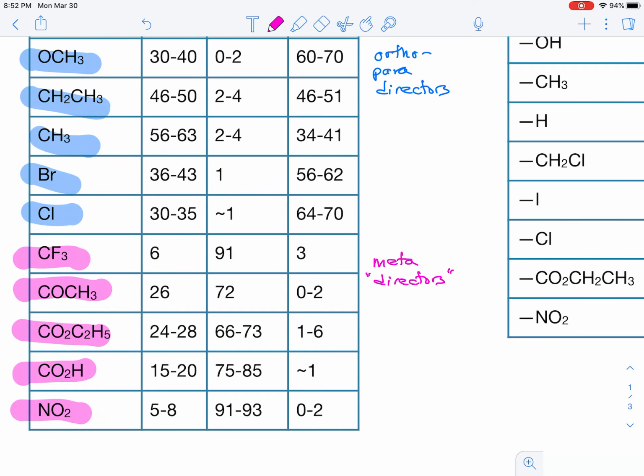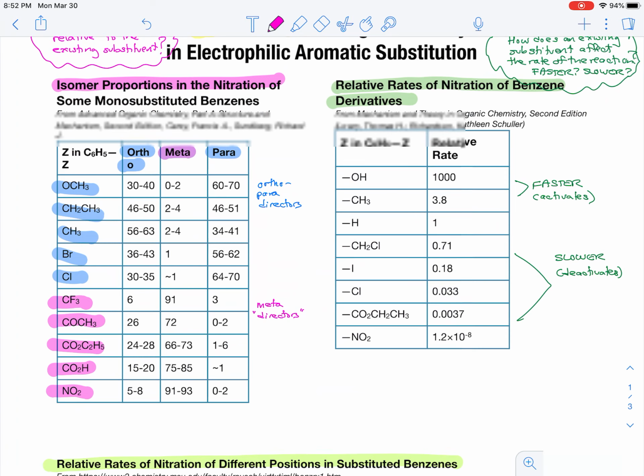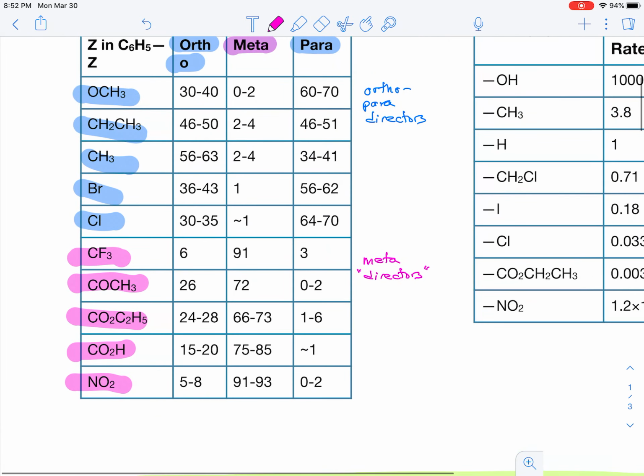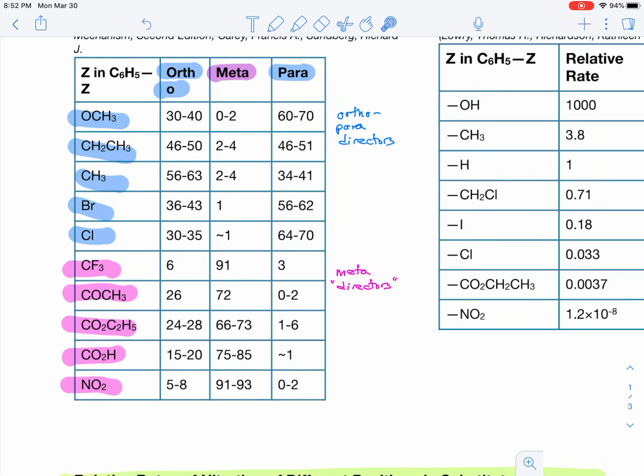I'm going to put "directors" in quotes for a reason that we'll talk about eventually. So it appears that we have groups that direct ortho and para, and groups that direct meta.